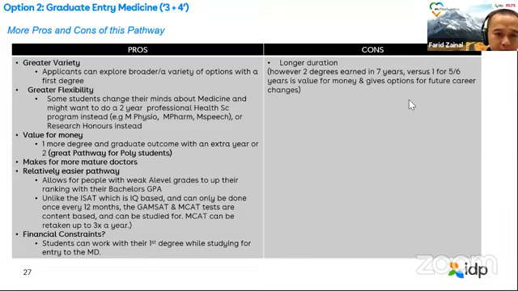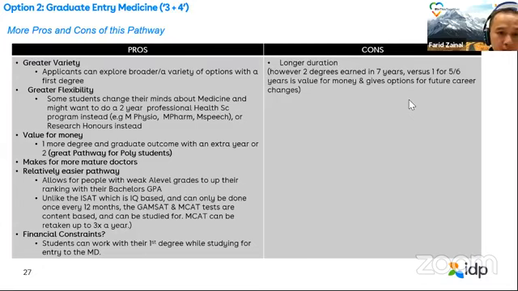And also, unlike the external admissions test, for example the ISET, which is largely IQ based and can only be attempted once every 12 months, the GAMSAT and MCAT, as mentioned, are content based and can be taken as much as 2 or 3 times a year.